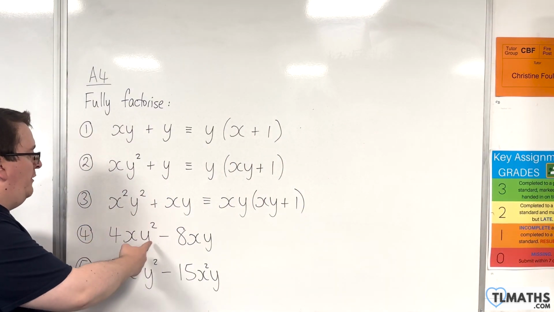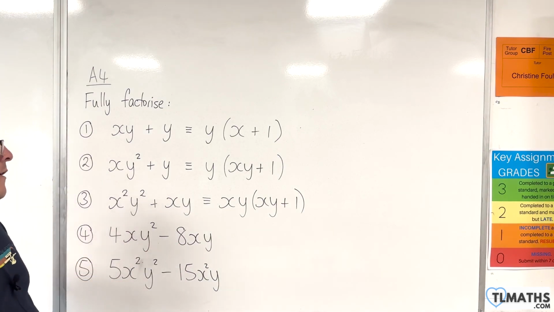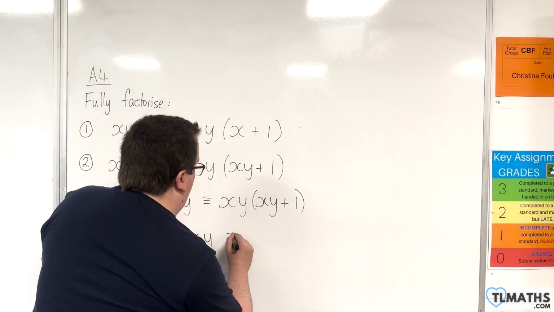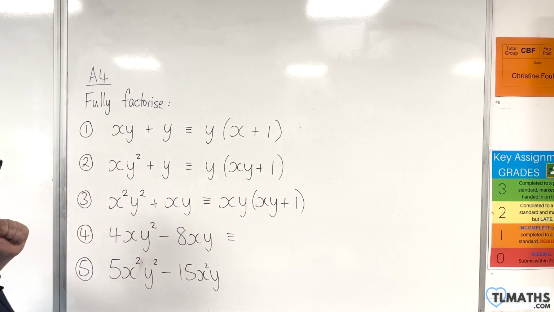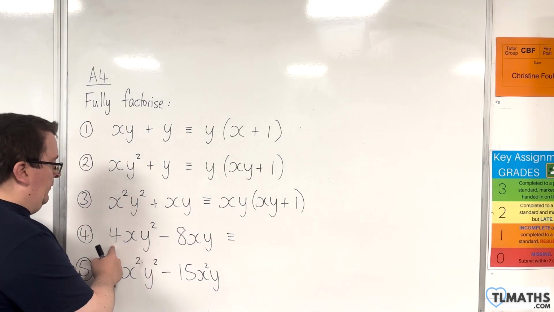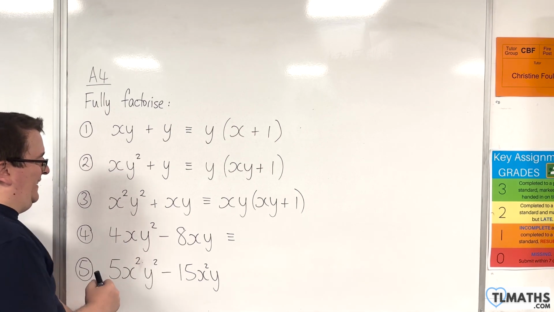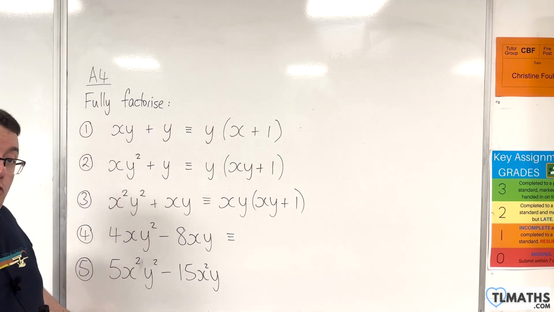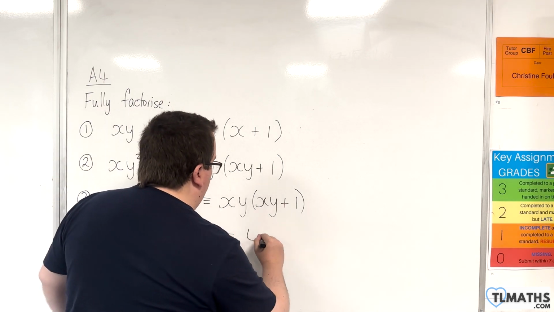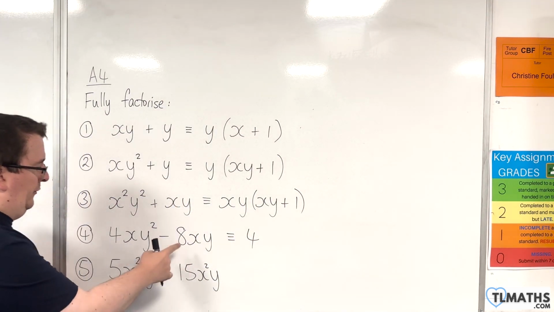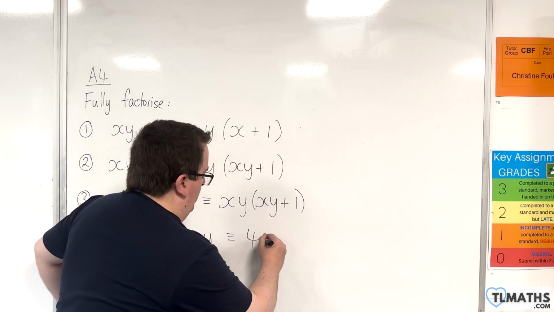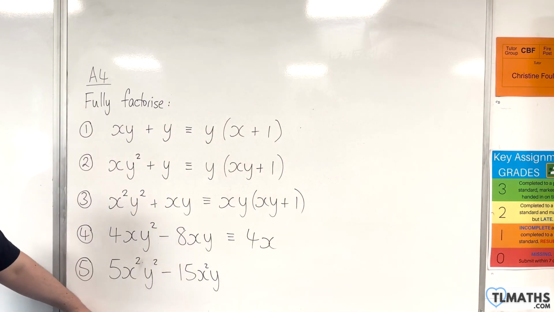So number 4, 4xy squared take away 8xy. So let's see if we can do this without writing it all out. Now, these have the coefficients of 4 and 8. So the highest common factor of 4 and 8 is 4. So that comes out. They both have x in common. So x can be factored out.